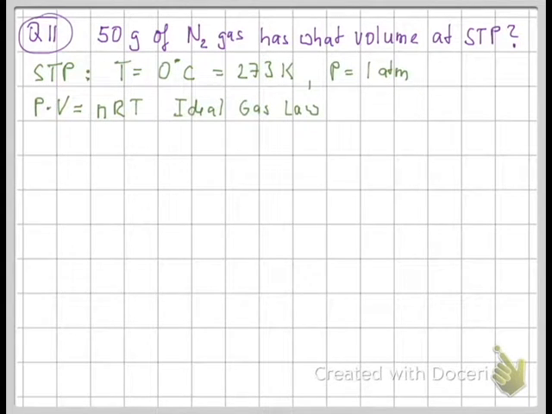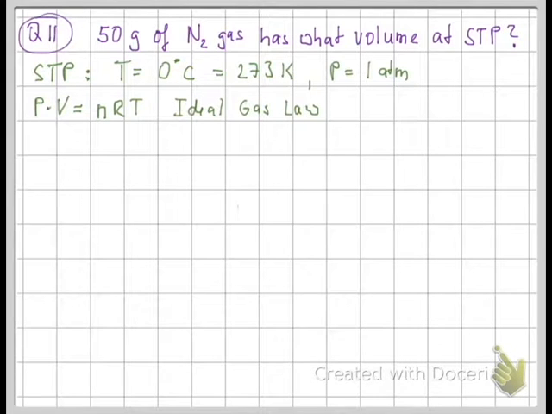I did not give you a value for R. R is a constant, and I did give it to you on the PowerPoint slides for the last lecture, my scribble slides. There's a whole bunch of them depending on what units you want to work in. Looks like we're going to be working with atmospheres, kelvins, and moles.